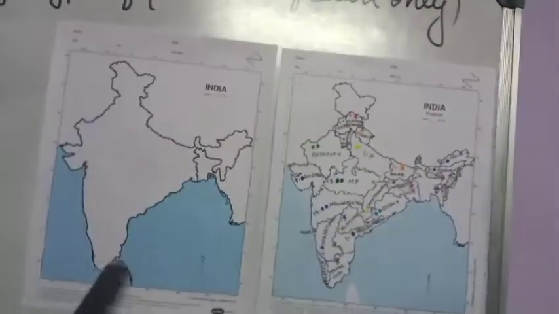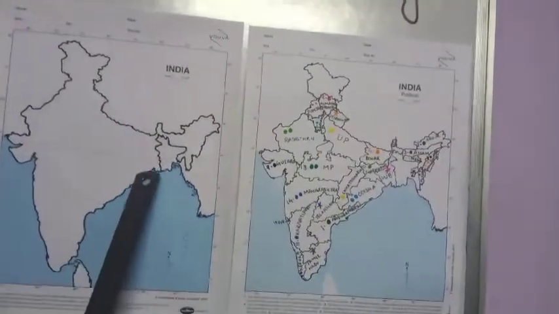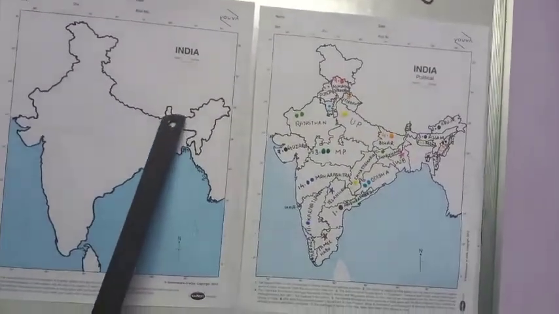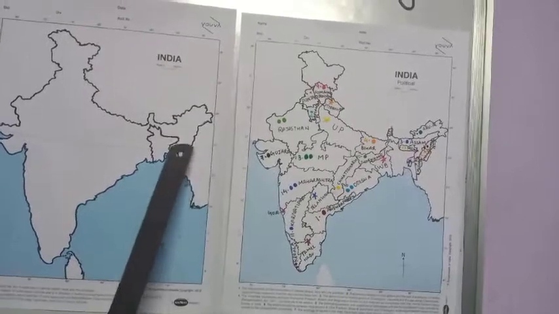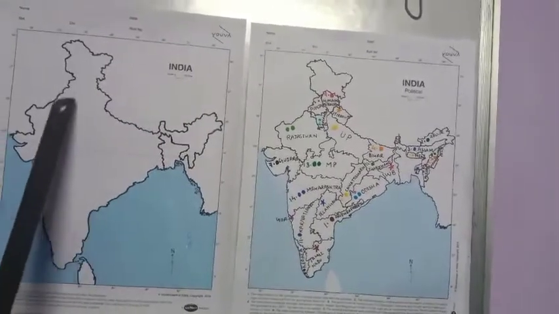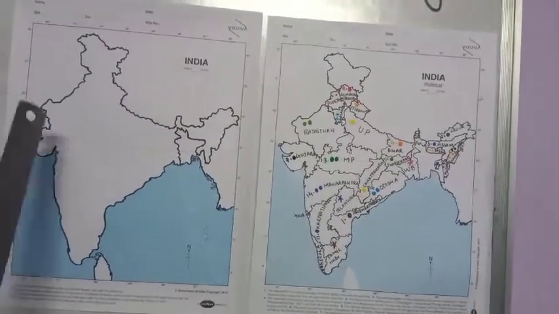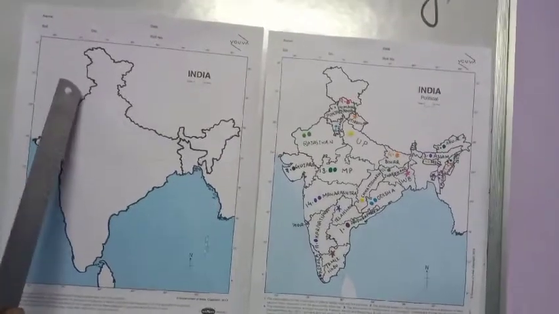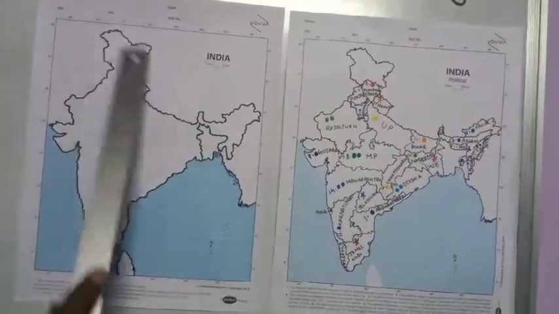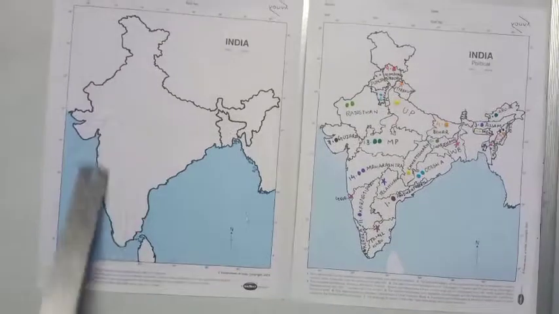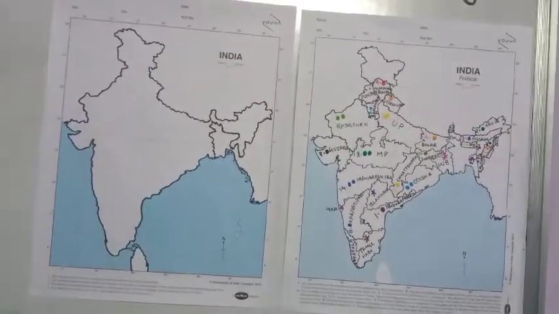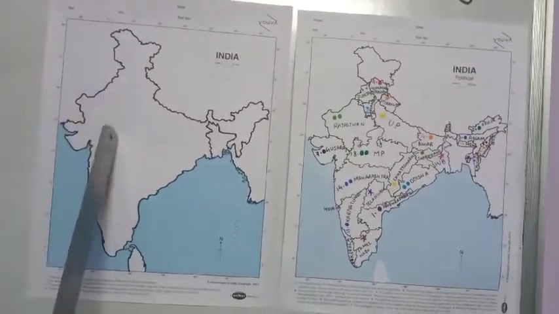So now come. These states are located within the boundary of our country. Is it clear? So here there are no particular outlines, it is plain. So it indicates the whole country and there is no outline.